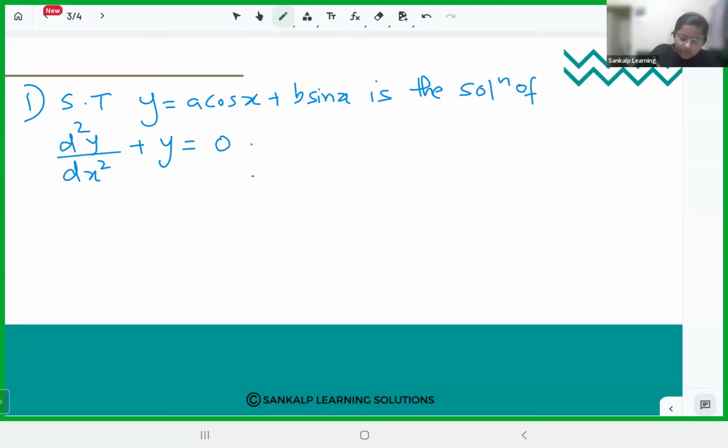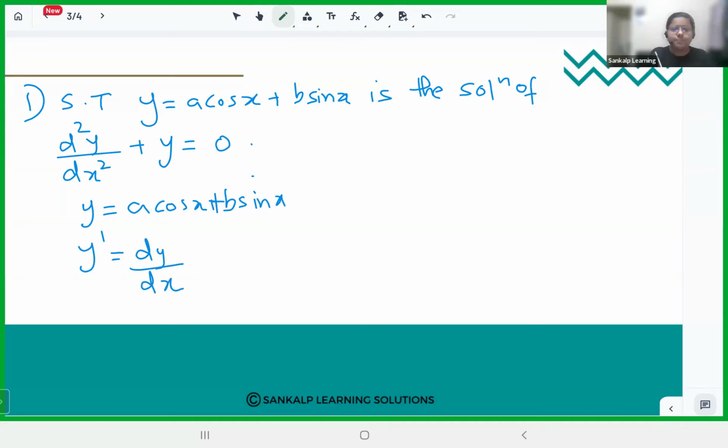So let us check. Given that y is equal to a into cos x plus b into sin x, what is y dash? Y dash means dy by dx, right? We are finding the derivative of the function y with respect to x, that is the first derivative. So dy by dx is equal to, a is a constant, what is the derivative of cos x?